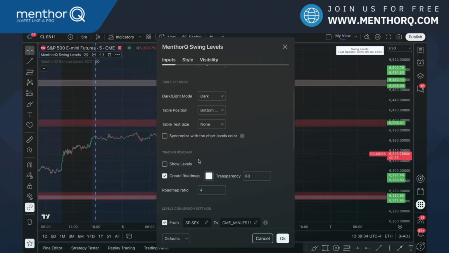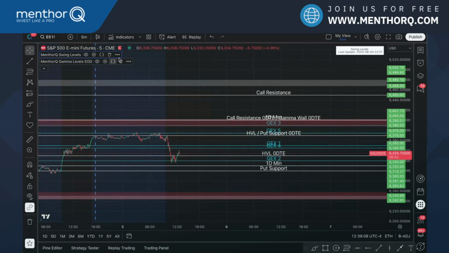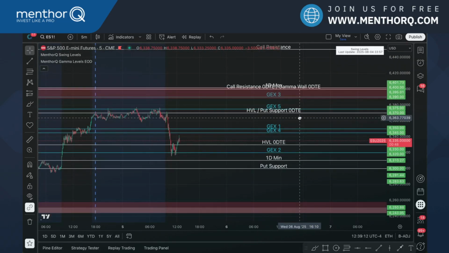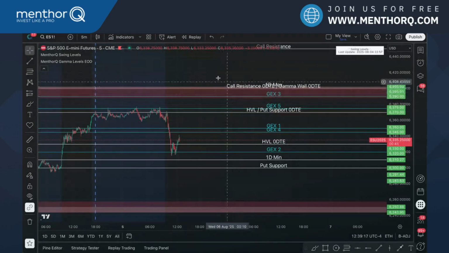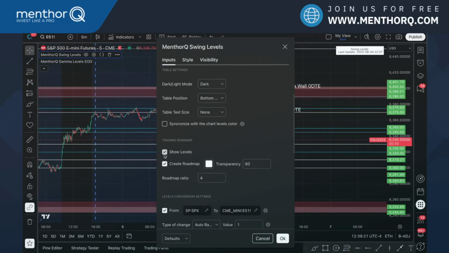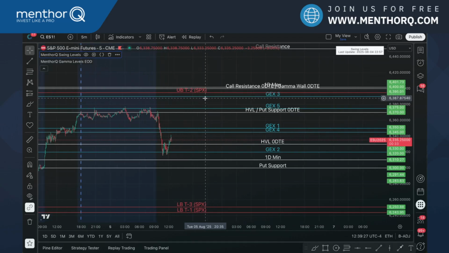I can also hide the levels, and then I can also combine those with my gamma levels. So for example, very, very interesting. We have our core resistance here. We have our 1 day max, but we also have our swing trading level right there. So if you wanted to have an additional confirmation, you could actually use those levels as basically your confirmation there.